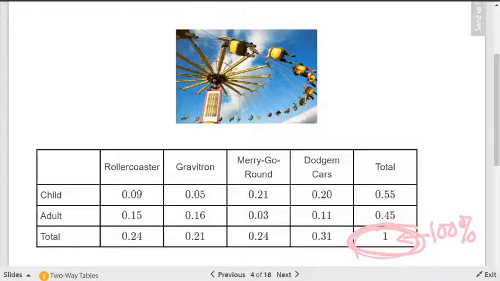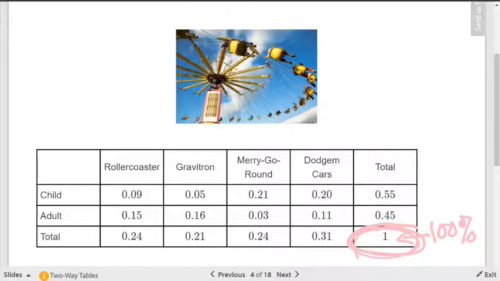Basically, if you have 5 children altogether, then 0.09 of all of them were on the roller coaster. So for a percent of a number, remember, you just take the percent times that number, but the percent has to be changed to a decimal first.